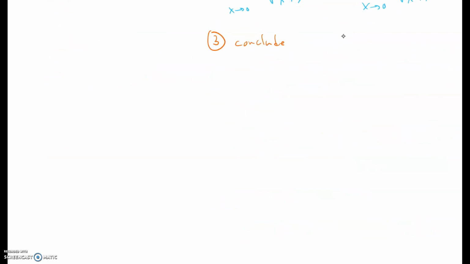So conclude that the limit as x goes to 0 of that middle function, the square root of x cubed plus x squared times sine of pi over x, also must equal 0. And that's it for using the squeeze theorem to prove that the limit goes to 0.